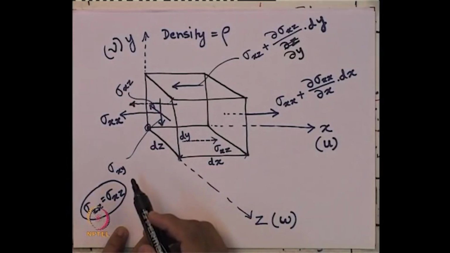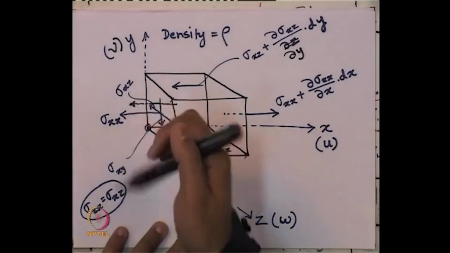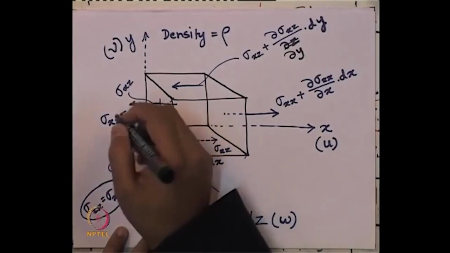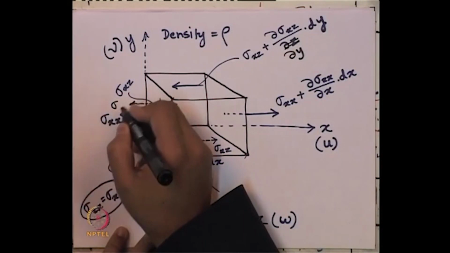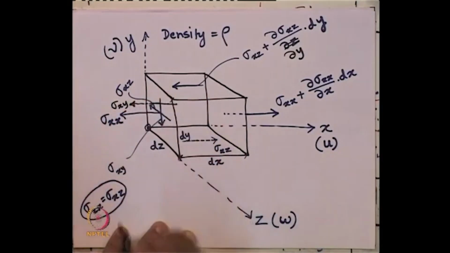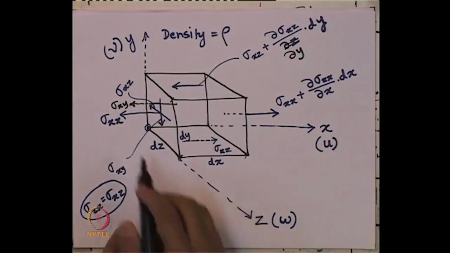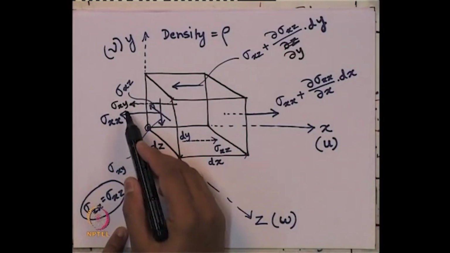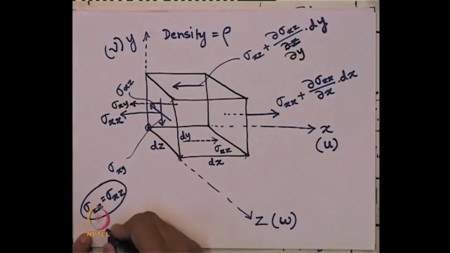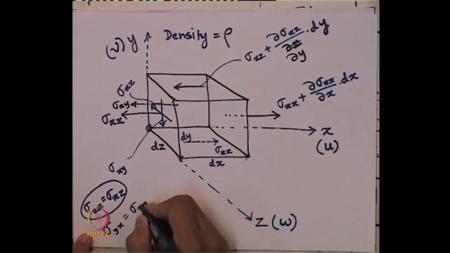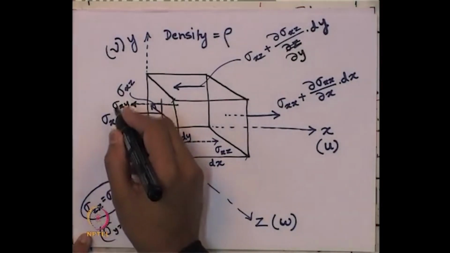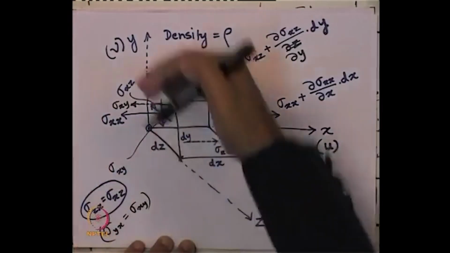That is on which plane? That is the xy plane. Am I right? So, that is sigma xy. It is essentially sigma yx, because sigma yx equals sigma xy. That is the reason why I could write it as sigma xy. It is on the back side.